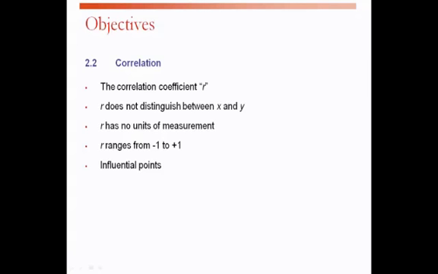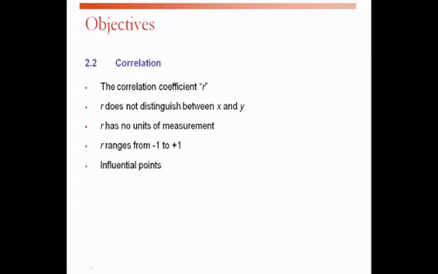When it's +1, the two variables are perfectly related, but with positive slope. When r is equal to 0, that means the two variables have no relationship or zero slope. Okay, so you now know the extent of the values of correlation.